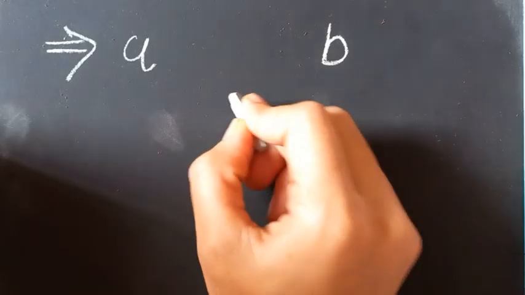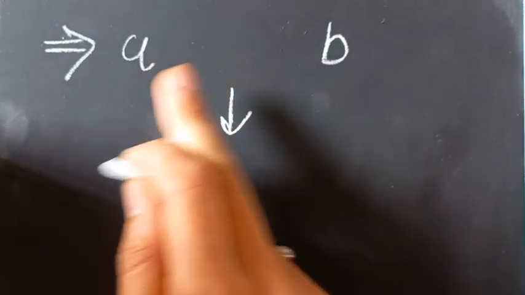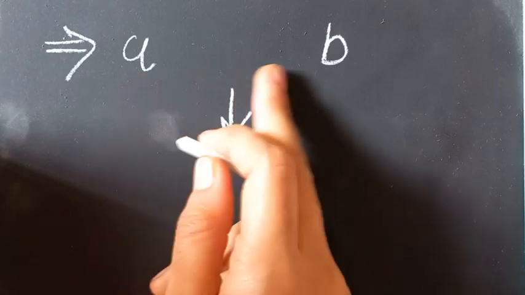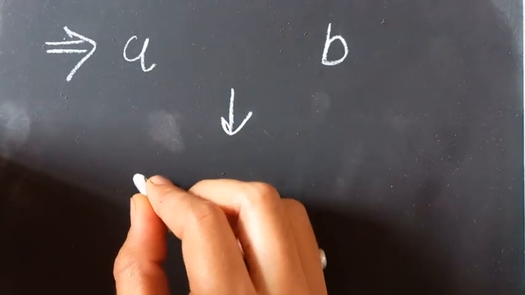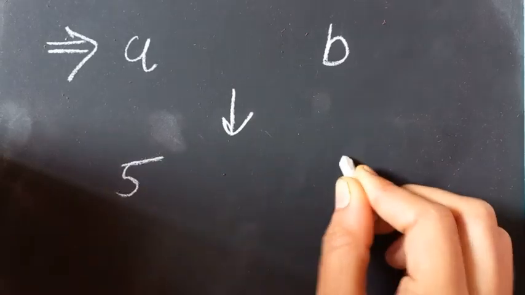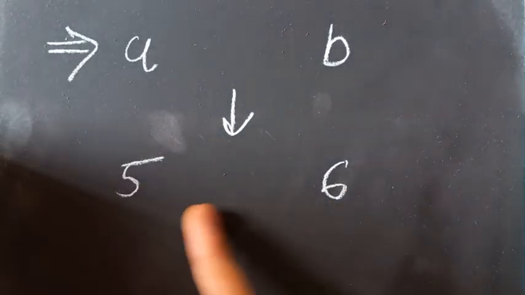You will be asked to find one rational number between these 2. One rational number is the mean of these 2 rational numbers. What is the mean? If you have the numbers 5 and 6, what is the mean of these numbers?